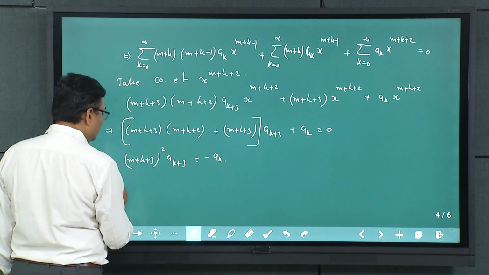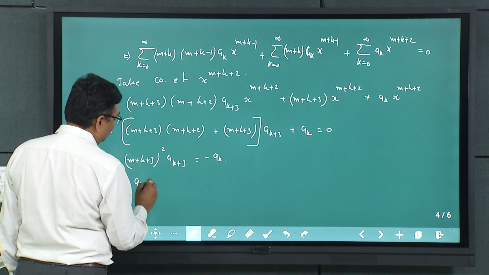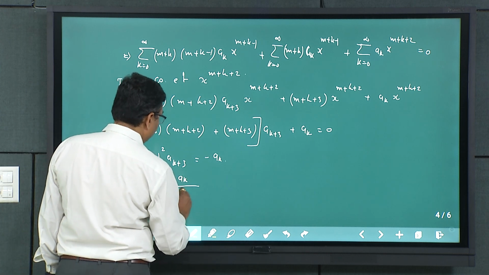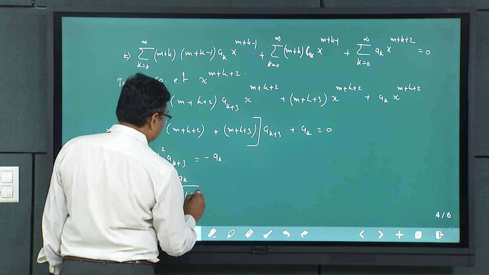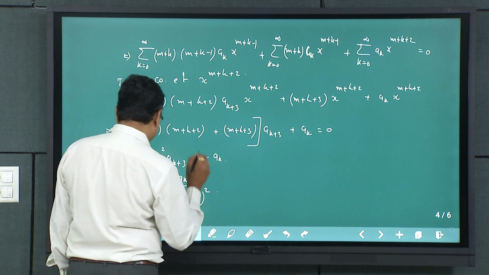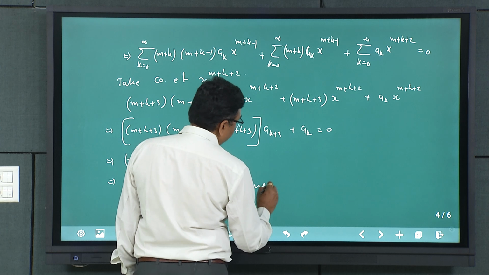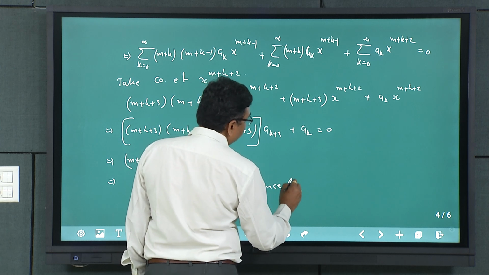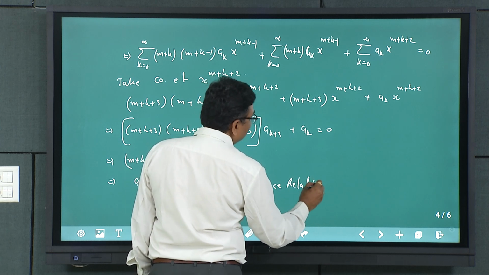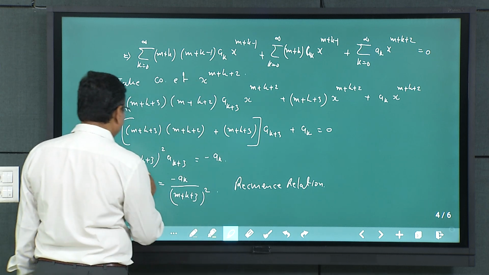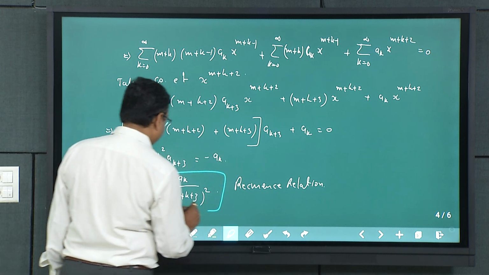So this implies a_{k+3} is equal to minus a_k upon (m+k+3) whole square. This is my recurrence relation. Okay, so this is my recurrence relation and we copy it.